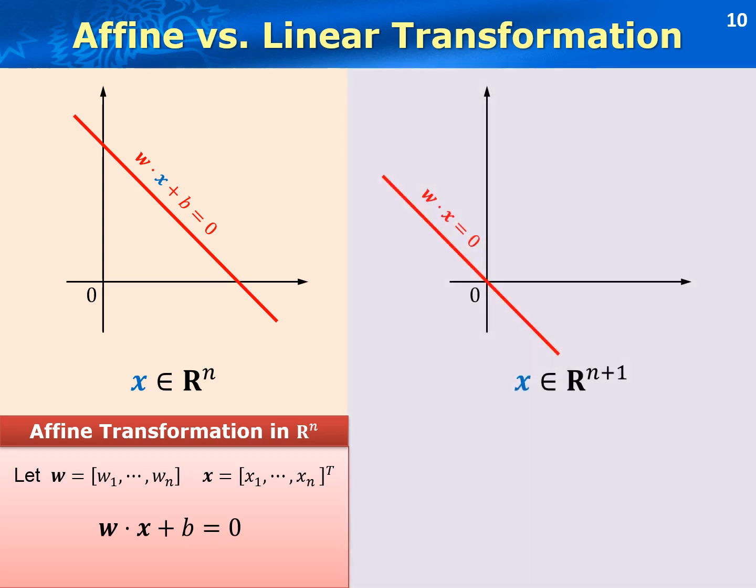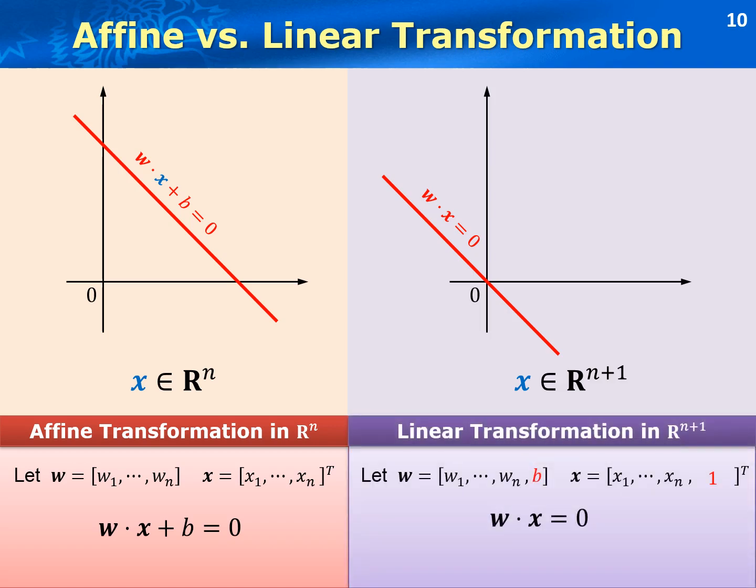Otherwise, the line is across the 0 point, which becomes w times x equals 0. We call it linear transformation. It is important to note that any affine transformation in n dimension can be converted to a linear transformation in n plus 1 dimension. We can see in the linear transformation, the last element in the vector x is 1.